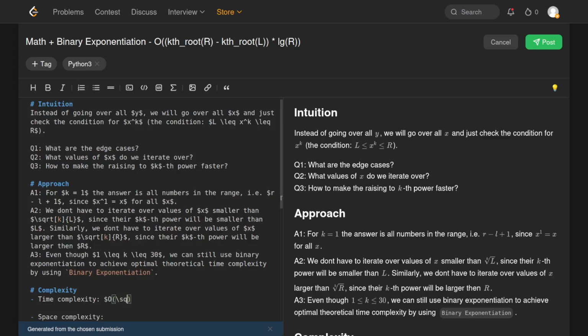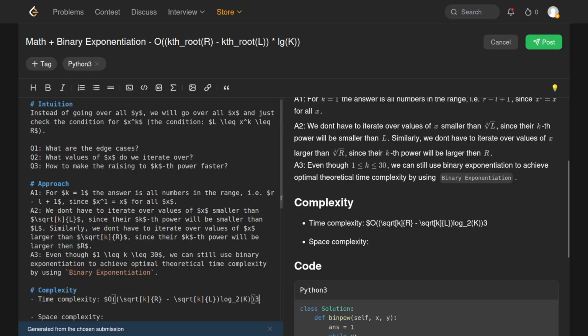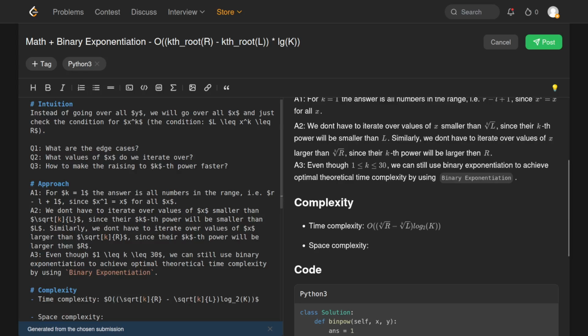So it's the kth root of R minus the kth root of L, and then here we do log 2 of k.